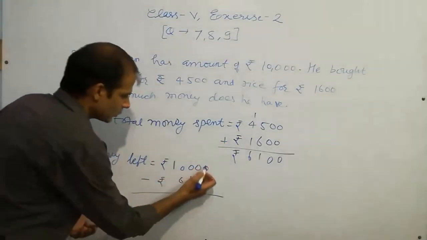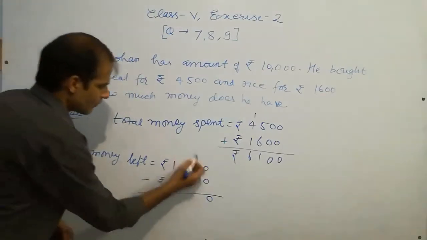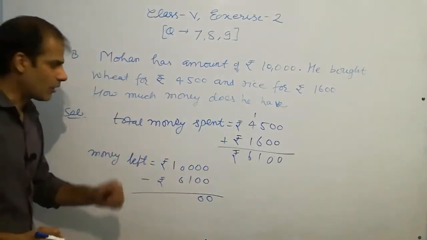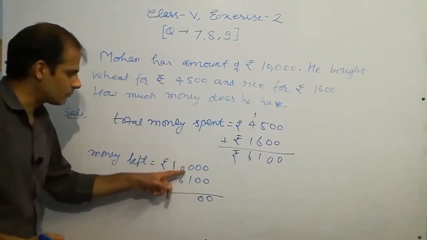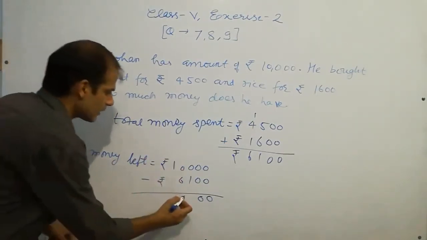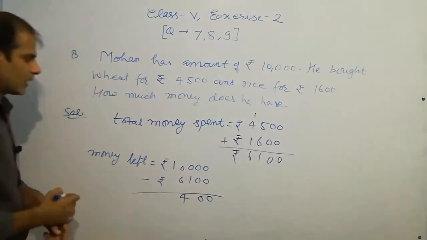So 0 minus 0, 0, again 0, but now what happens? 0 minus 1 not possible, so take a borrow from 1, it becomes 10.